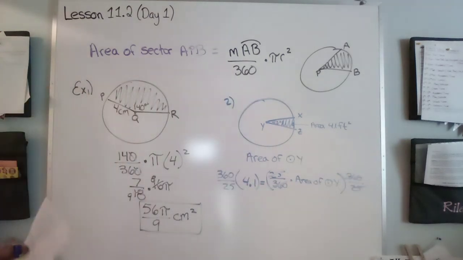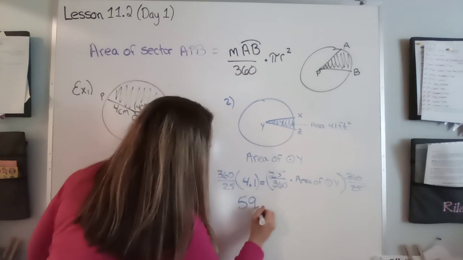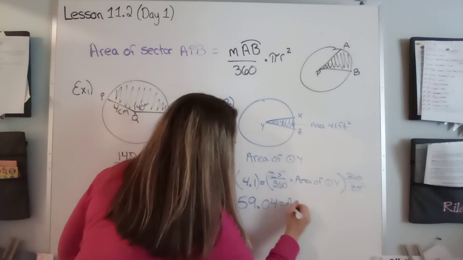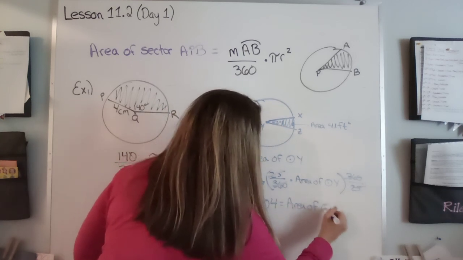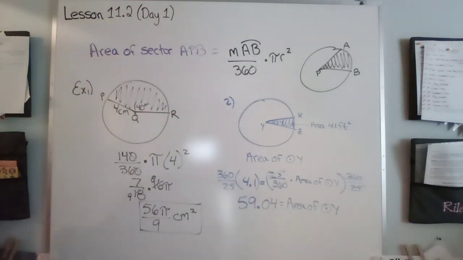And on the left-hand side, you can use your calculator, you get 59.04. So 59.04 equals the area of circle Y. And that's it.